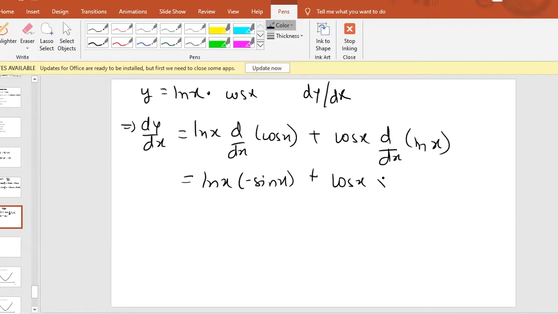Differentiation of log x is 1 by x. So the answer is minus sin x log x plus cos x by x. That is the answer for the third problem.